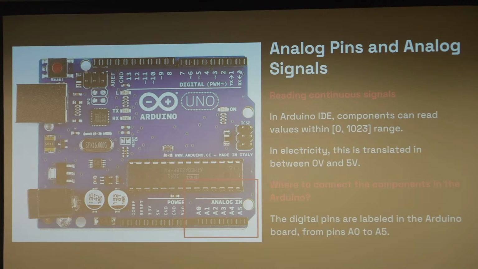Looking at the Arduino board, in contrast to the digital pins that went from 2 to 13 inclusive, now we have the analog in part, which has a red square. We can connect it to any pin between A0 to A5 inclusive. And again, those are going to be only for input.